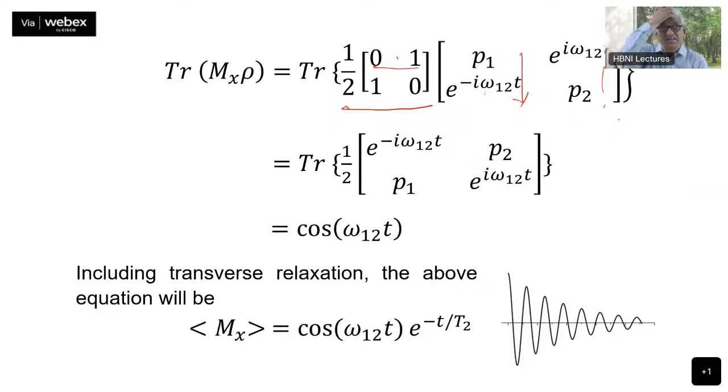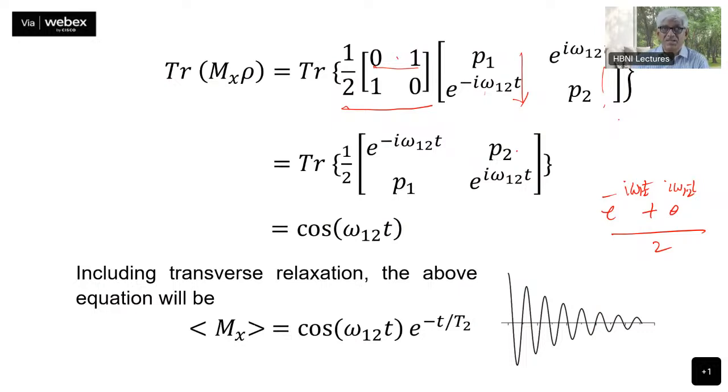So when I do this, I get P1 and P2 here, and e to the minus i omega 1 2 t here, and e to the i omega 1 2 t here. What is the trace of this? The trace of this is e to the minus i omega 1 2 t plus e to the i omega 1 2 t divided by 2. So I'm summing up the diagonal elements. And that is cosine omega 1 2 t.